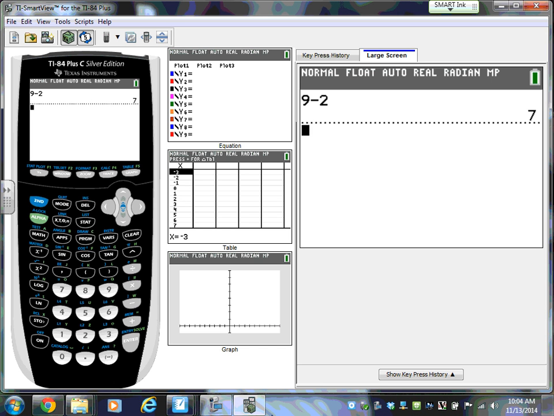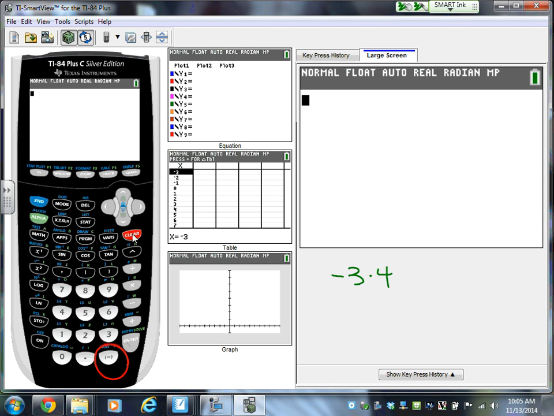If we want to multiply negative numbers, we have to remember to use this negative key, this negative button down at the bottom. So if we're going to multiply negative 3 times 4, we're going to type in negative 3 times 4. Then we hit enter to get our answer. We get negative 12.